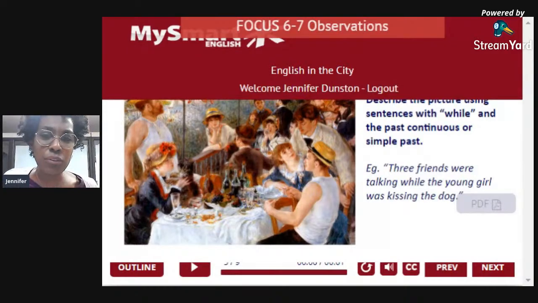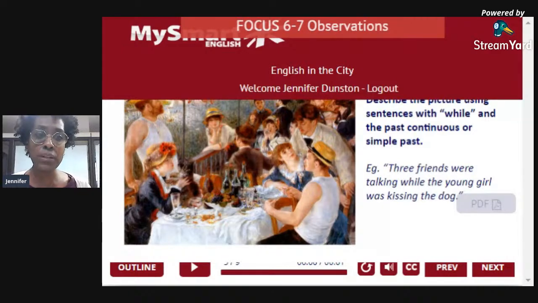Well, the young girl was kissing an animal on the table. Whatever, it's a dog or a cat, it really doesn't matter. What's important is that we have two actions happening simultaneously in the past, so we're using past continuous. Three friends were talking while the young girl was kissing a dog.